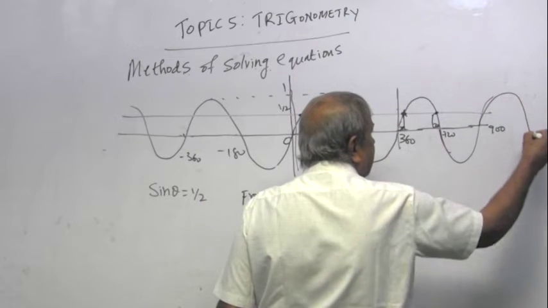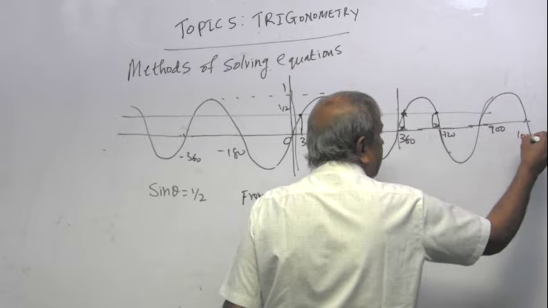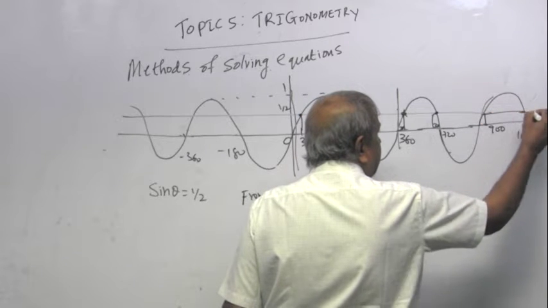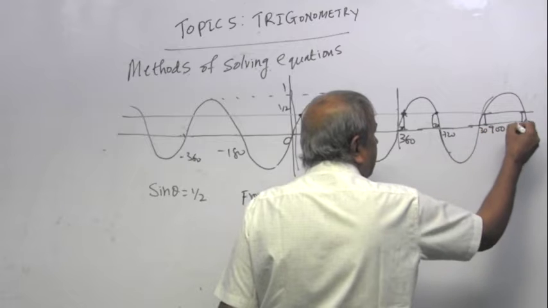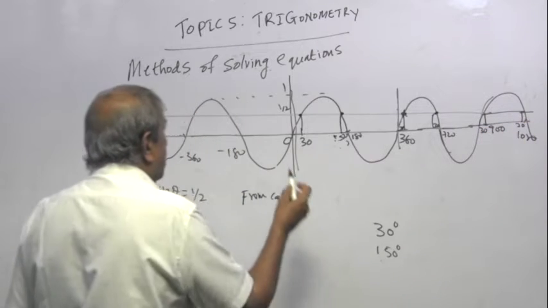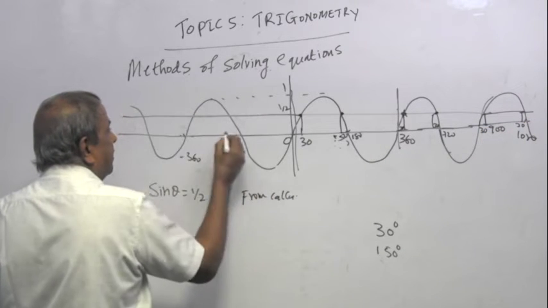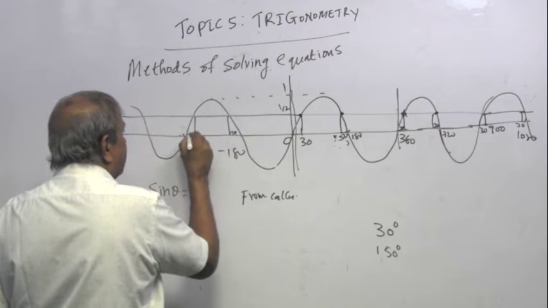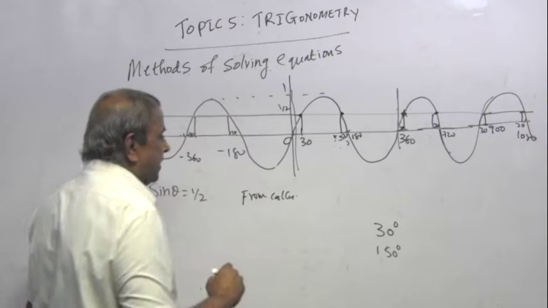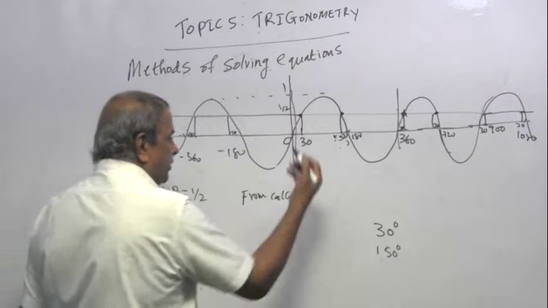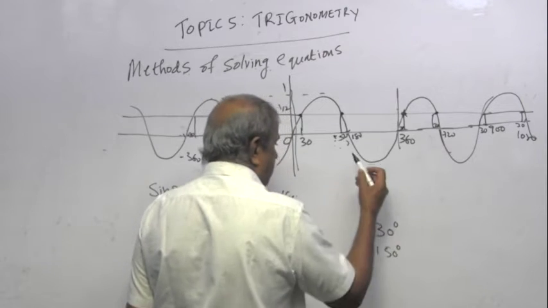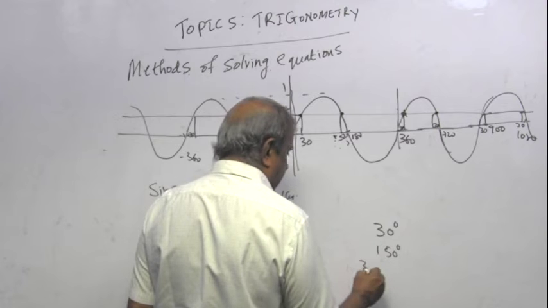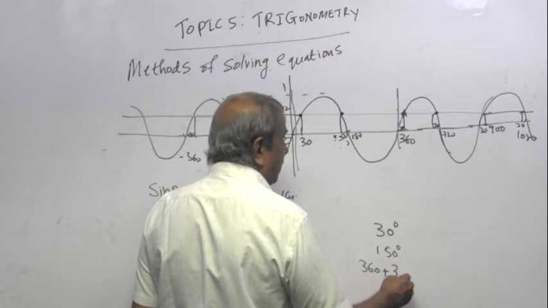After 900 to 1080, I can have an angle there and I can have an angle there. 30, 30. If I go backwards, I have minus 180 and a minus 30, minus 360 and a plus 30. So I can keep going for positive values. I can go to the right. So I can have 360 plus 30.